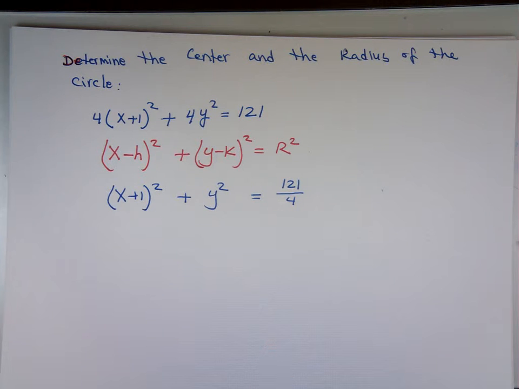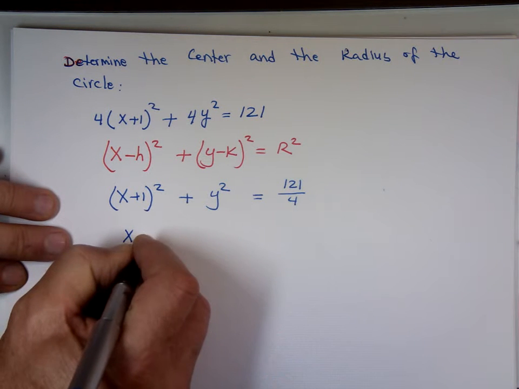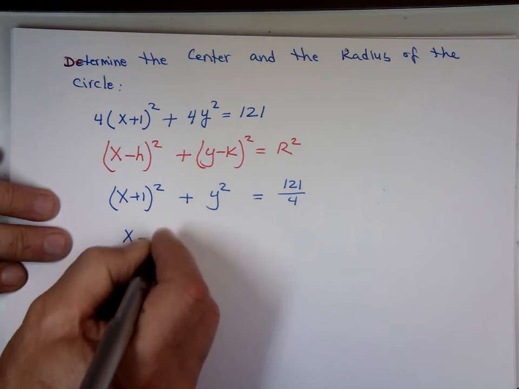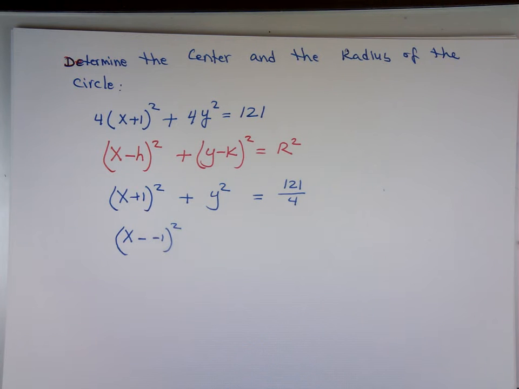Still doesn't look like the red one. I see a plus there instead of a minus. So what's next? So that becomes x minus what? A negative 1. Let's get to the y here.